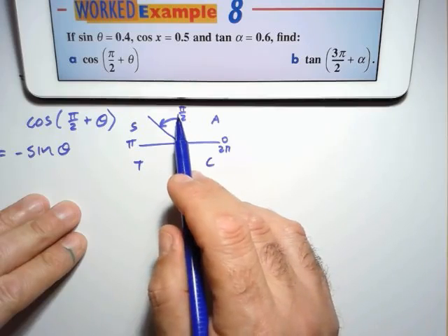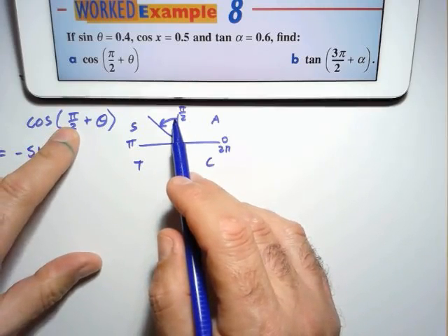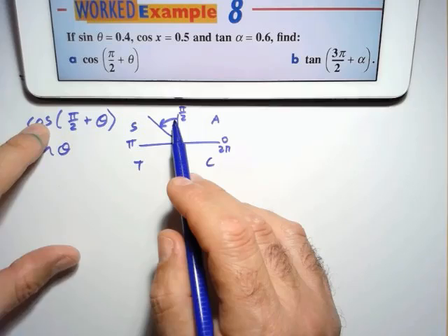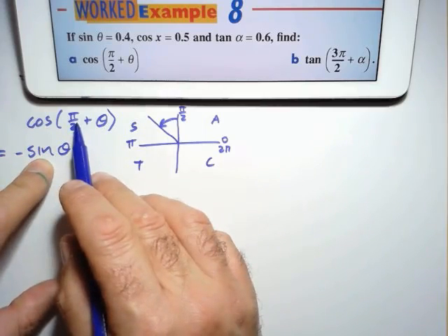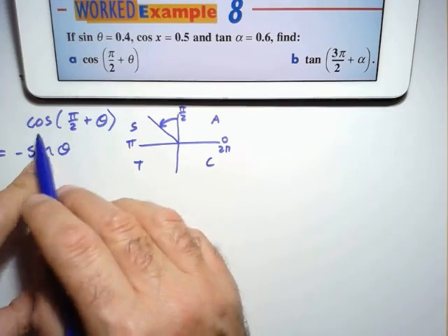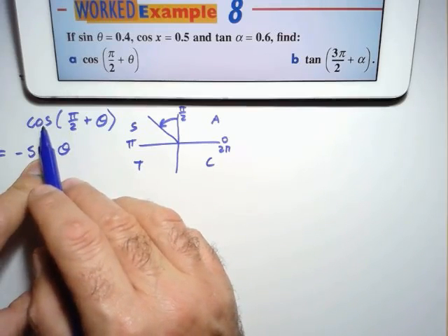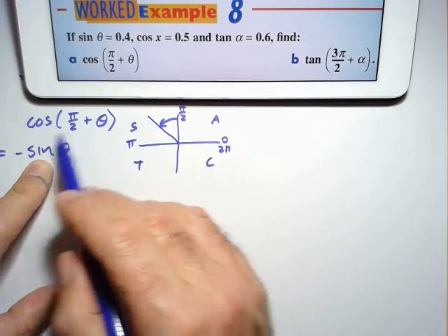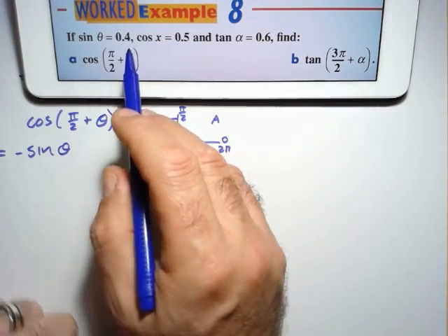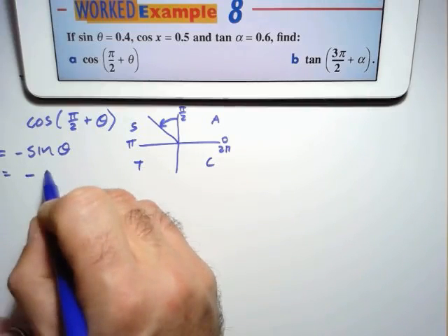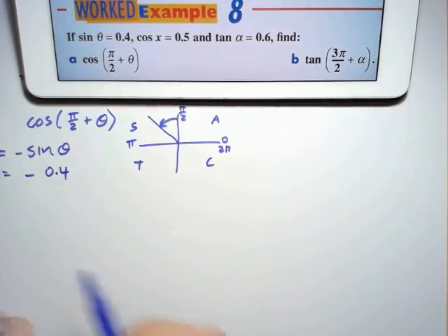So I'm working from my y-axis, I'm working with my co-function, so it means cosine changes to sine, and then cos is negative there, and that's why it's minus the sine of theta. And what is sine theta? Sine theta is 0.4, so this is the same as negative 0.4.